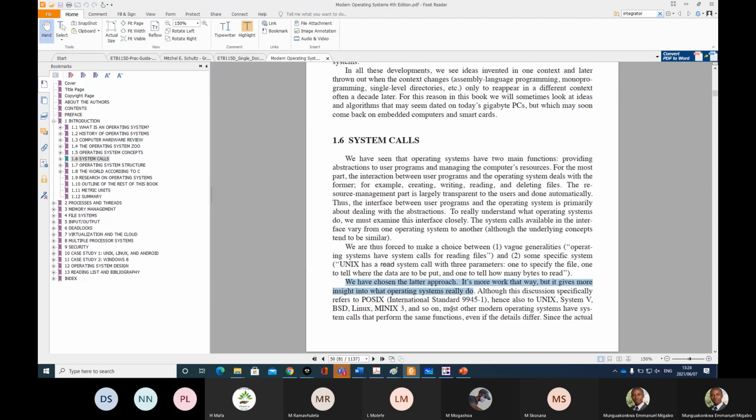And we have other modern operating systems that are Unix based. What is the particularity of the modern operating systems that are Unix based? The system calls they have are capable of performing the same functions as a normal Unix, despite the fact that details may differ.